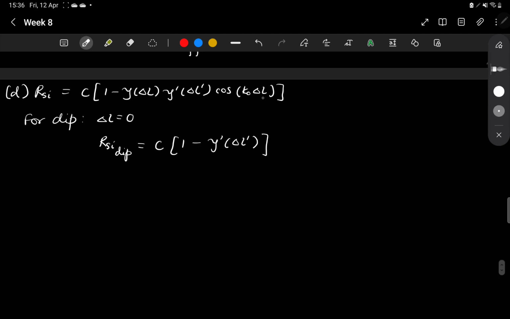We see this when putting delta L equals 0. So gamma delta L is 0 and cos 0 is 1.